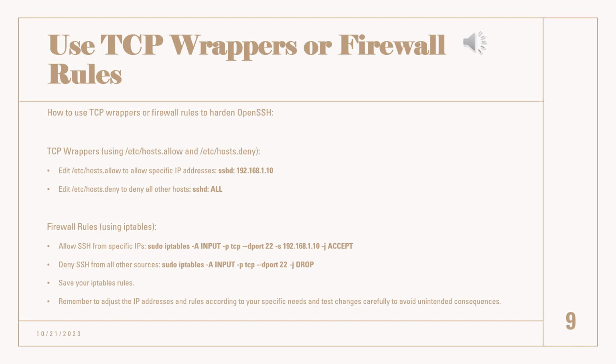Firewall rules using iptables. Allow SSH from specific IPs using these commands. Deny SSH from all other sources using these commands. Save your iptables rules. Remember to adjust the IP addresses and rules according to your specific needs and test changes carefully to avoid unintended consequences.